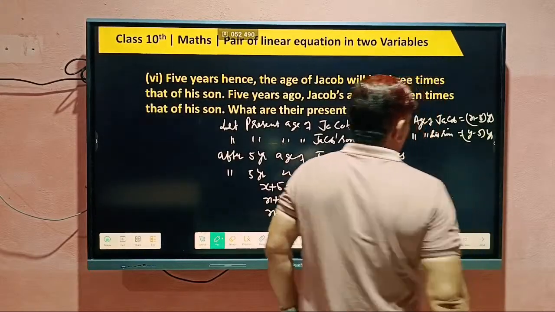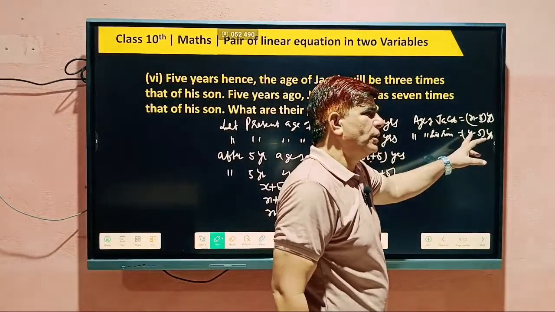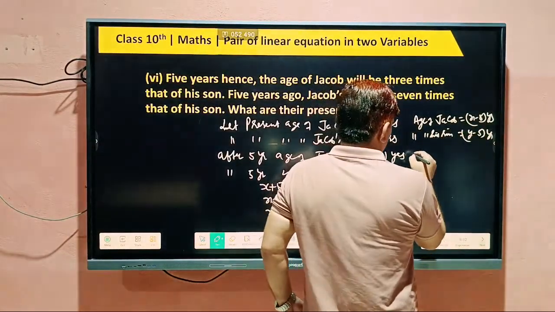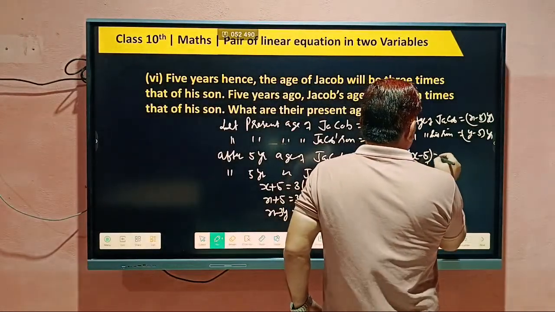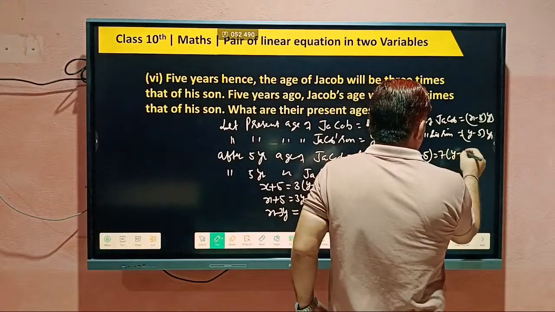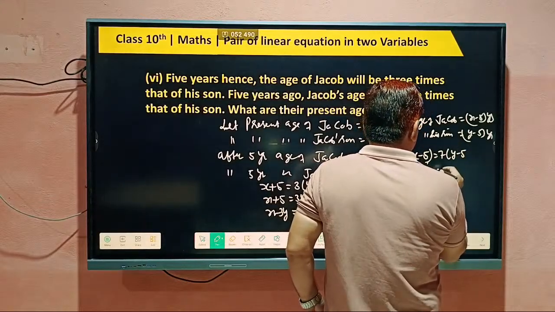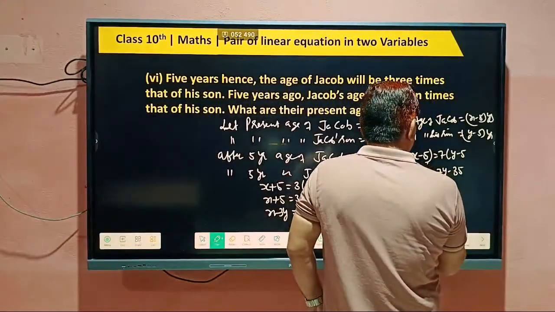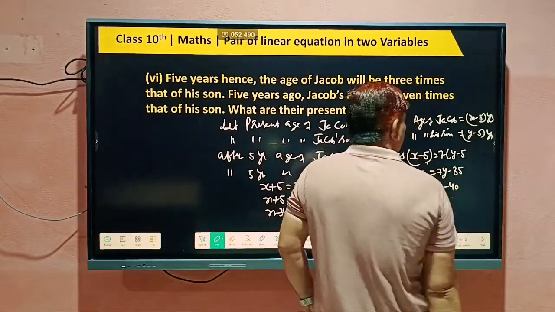And according to the question, this age is 7 times of it. If I multiply this with 7, then both become equal. So x minus 5 is equal to 7 into y minus 5. So x minus 5 equals 7y minus 35. So x minus 7y equals minus 30.